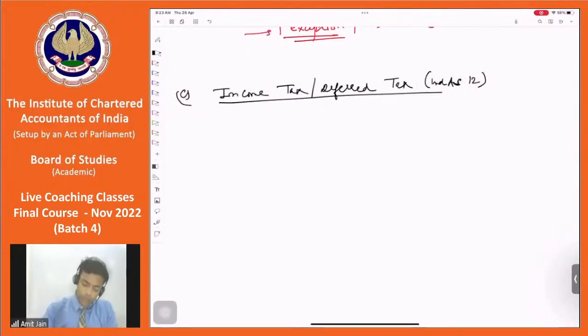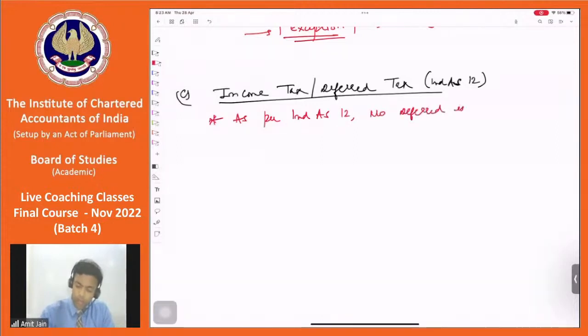So we are saying as per Ind AS 12, no deferred tax is recognized on acquisition or purchase of assets and liabilities.